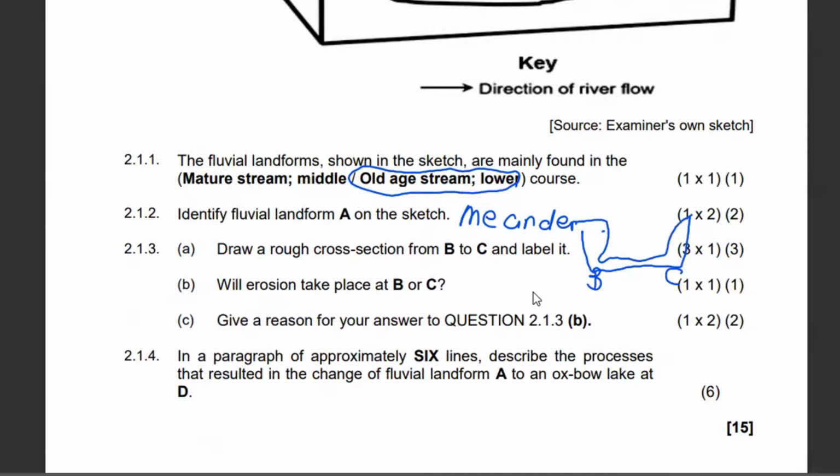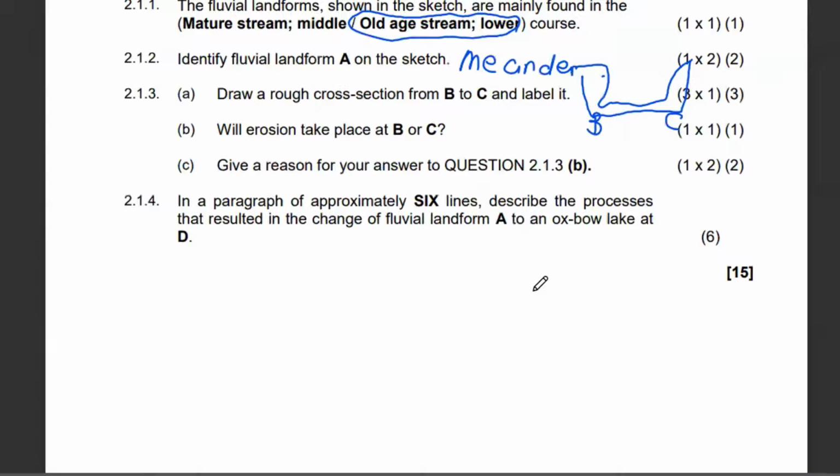So, which erosion takes place at B and C? Okay, when you look at this question, it says where will erosion take place, at B or C? No, the erosion will take place at B. It won't take place at C. Give a reason for your answer in question 2.1.3.